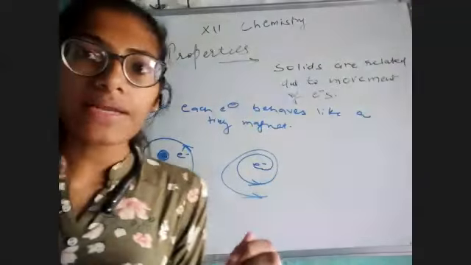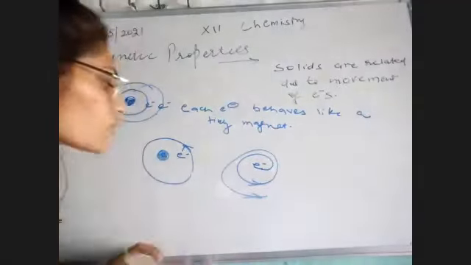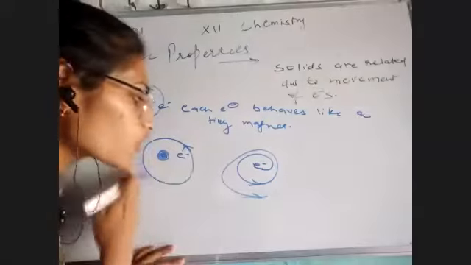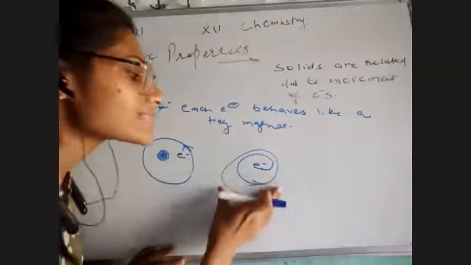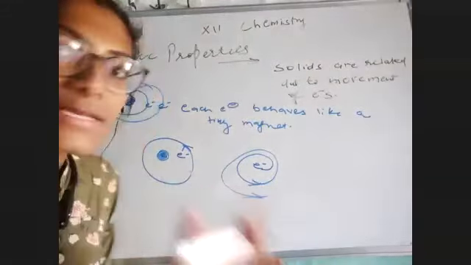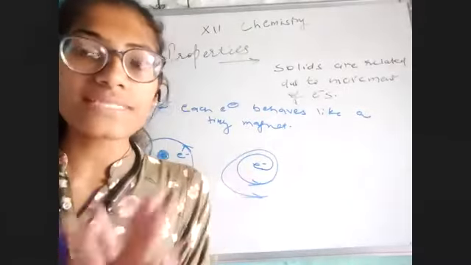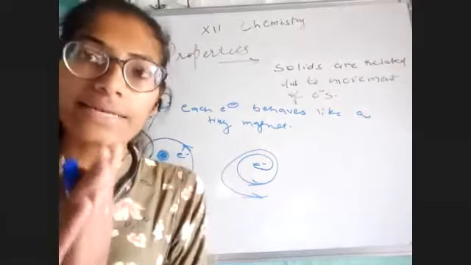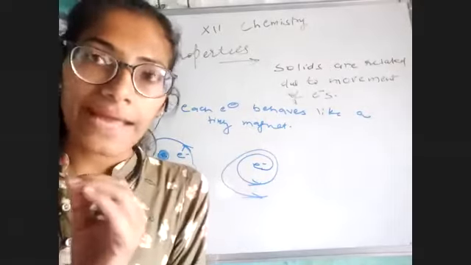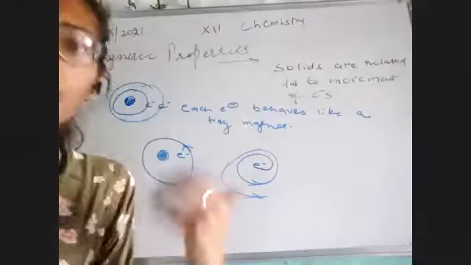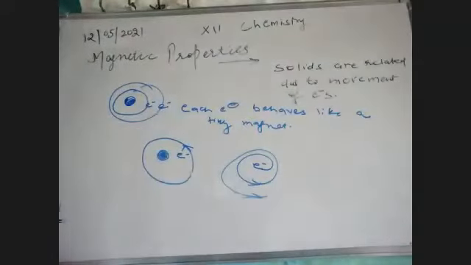These movements are of two types: first, the electron revolves around the nucleus, and second, the electron rotates around its own axis. This is how electrons can behave like a magnet. Now let's start with the different types of magnetic properties.